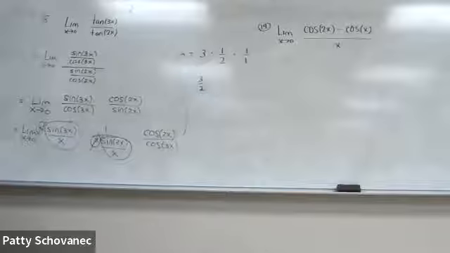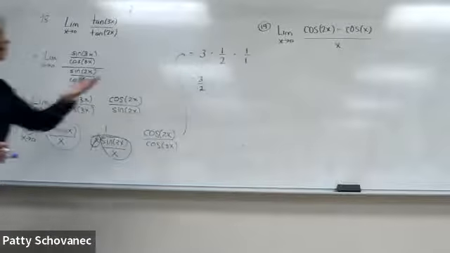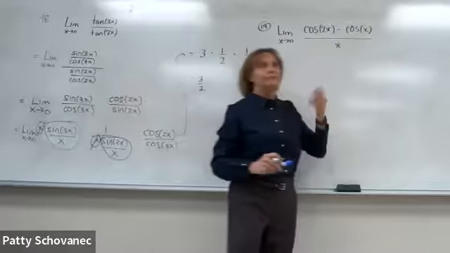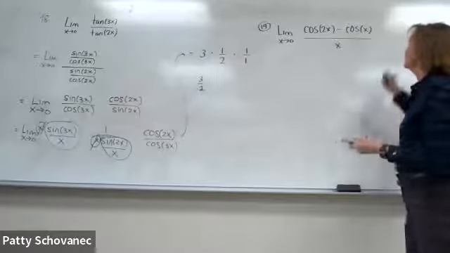So let me try putting 0 in for the x's, and remember that cosine of 0 is 1. So I have 1 minus 1 over 0. We got 0 over 0. Go try something else.